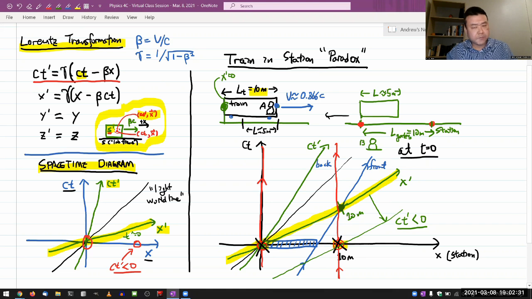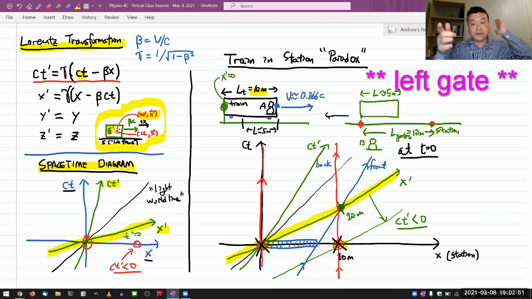So from Alice's perspective, as her train passes by, she sees that the station chief closed the right gate first and then opened it. And then at some later time, as the back of her train was going through the right gate, that's when he closes the right gate and then opens it again.